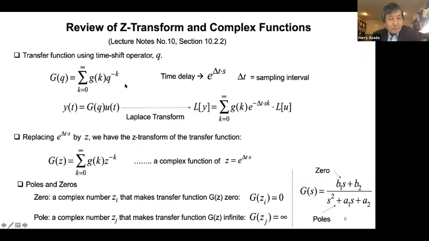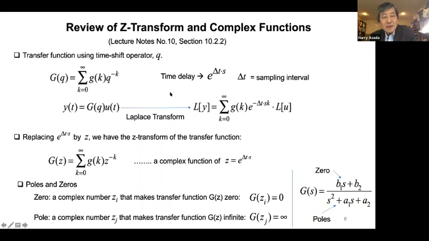So we can actually write the output YT by just writing this into this form, which is very convenient, right? Now let's take the Laplace transform of this. What is involved here is basically a K time step time shift operation.